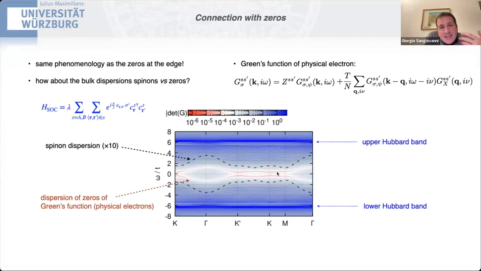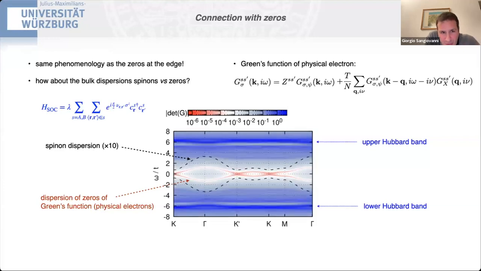Now in this solution of the slave rotor, the nice thing is that we have spatial fluctuations, so our zeros have a dispersion, contrary to single-site DMFT. So this goes beyond single-site DMFT. And you see that the red dispersion here is the zeros. And in the dashed black line, I show the spinon multiplied by a factor of 10 in this case.